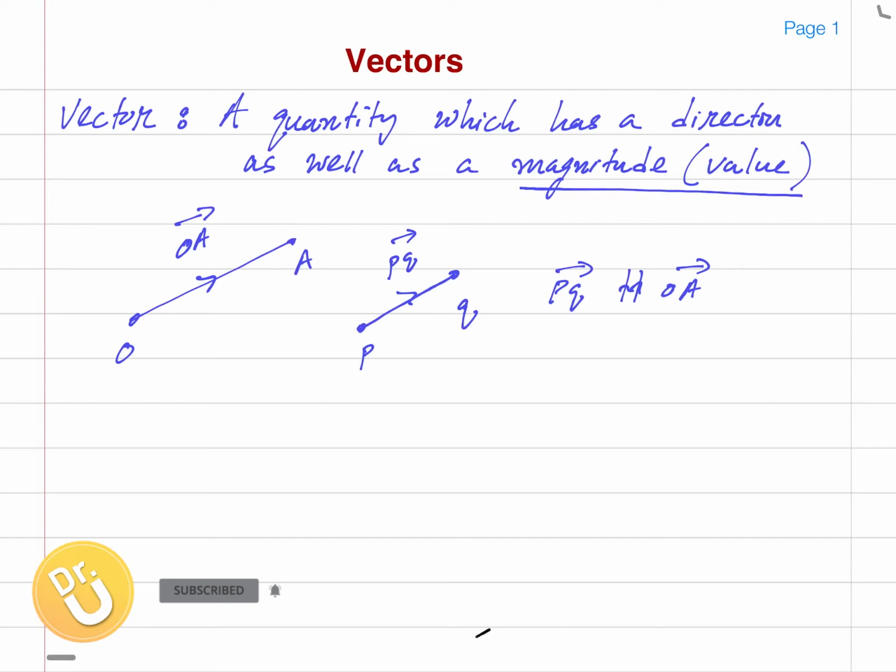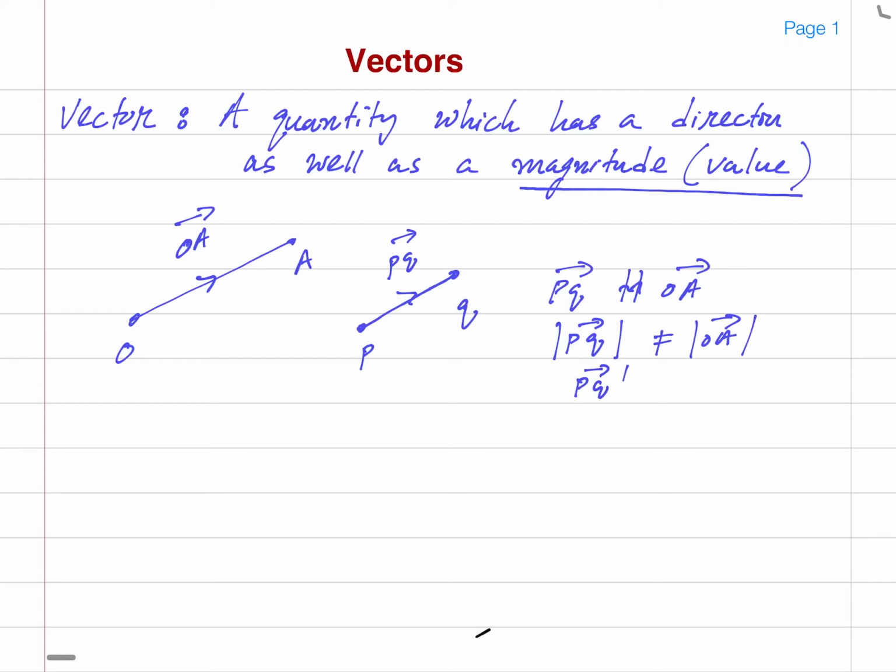So how do we denote the magnitude of a vector? PQ magnitude is defined by PQ mod, and that is not equal to OA modulus. So magnitude of OA is not equal to magnitude of PQ. Obviously, from the picture you can say that PQ magnitude is less than OA magnitude.